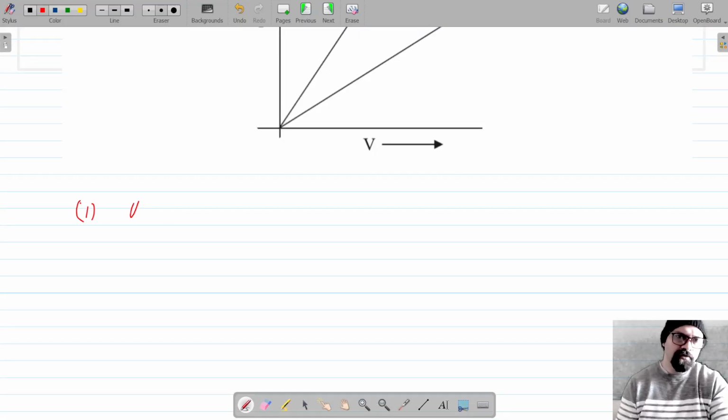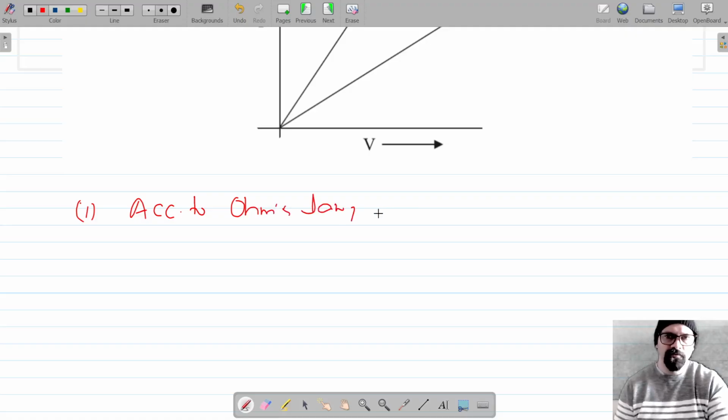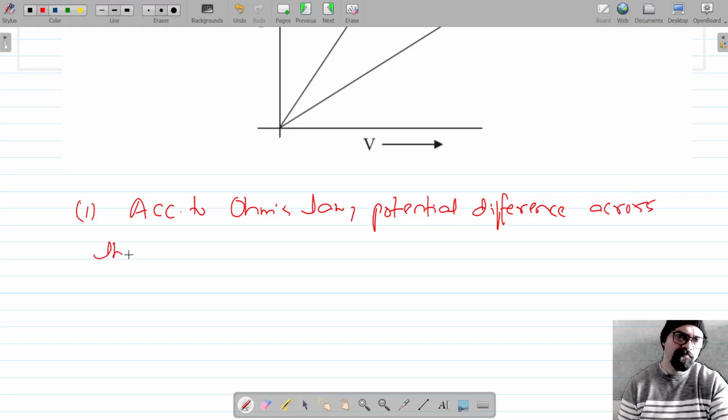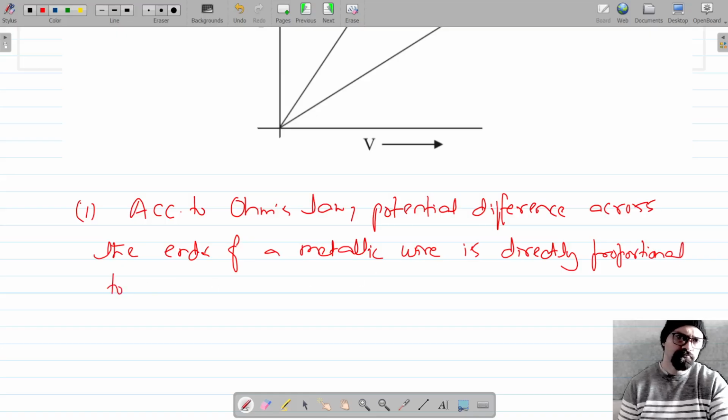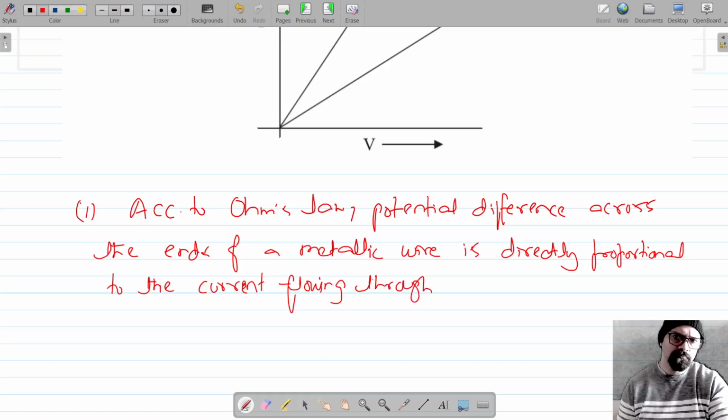So for the first one, we can say that according to Ohm's law, the potential difference across the ends of a conductor or a metallic wire is directly proportional to the current flowing through it, provided the temperature remains constant.